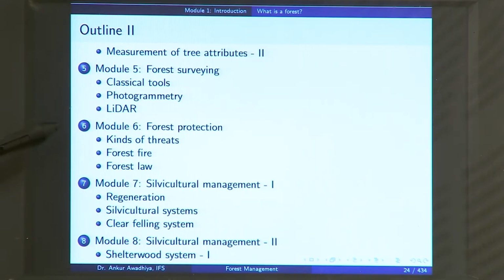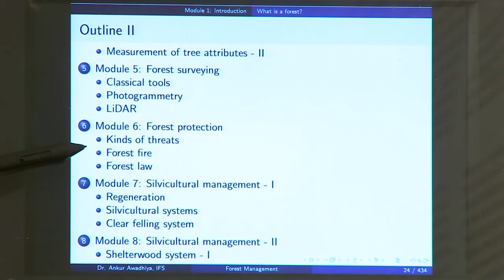Then in the sixth module, we will have forest protection. How do you protect a forest? What are the kinds of threats that you need to protect against? So, you need to protect your forest against fires, you need to protect your forest against deforestation, against grazing, against insect attacks. So, there are different kinds of threats that your forests are facing. So, how do you protect against those?